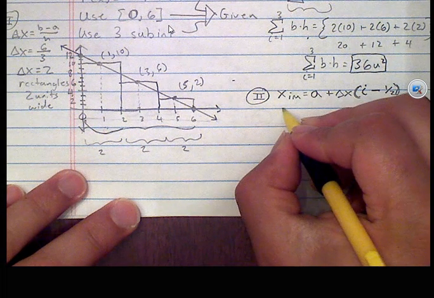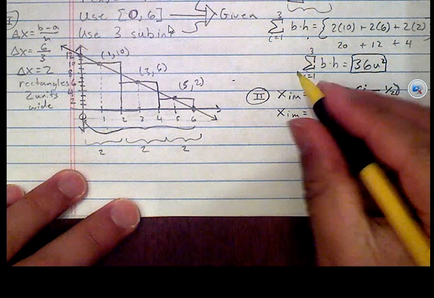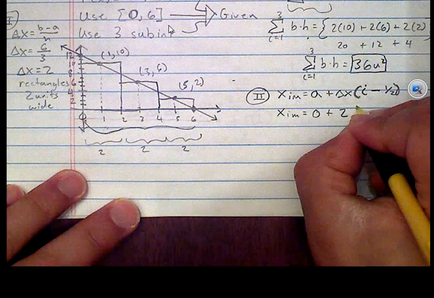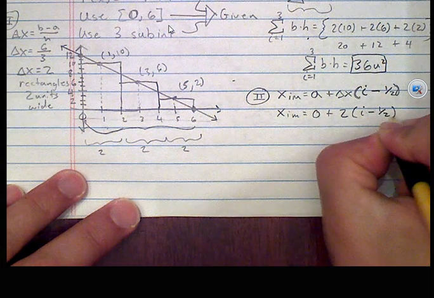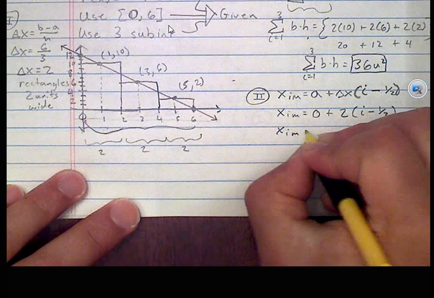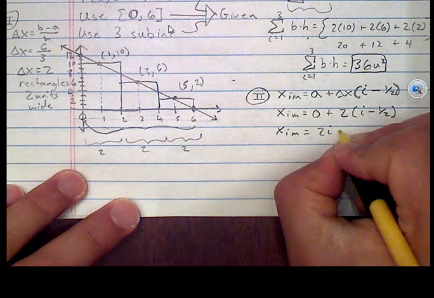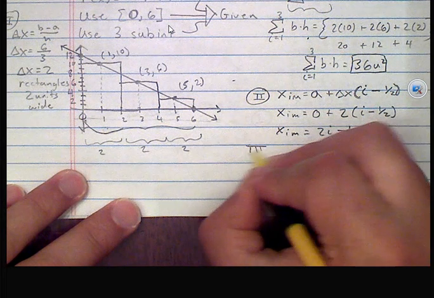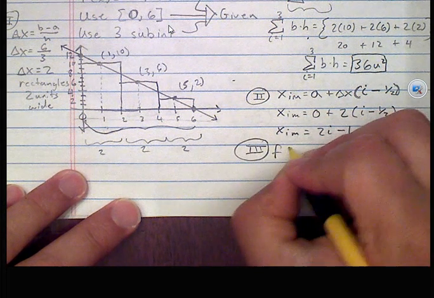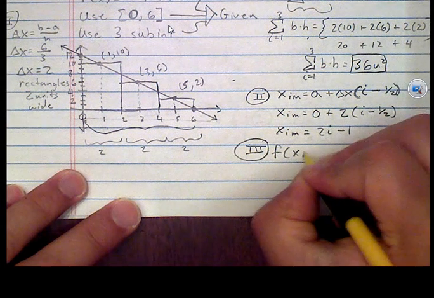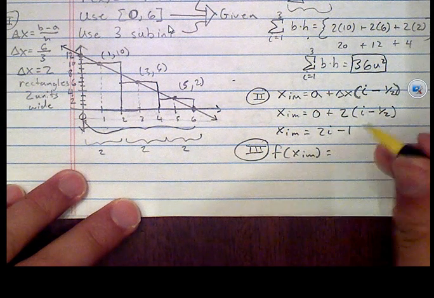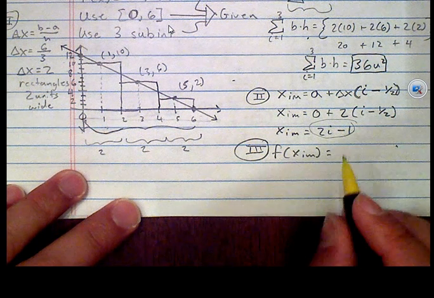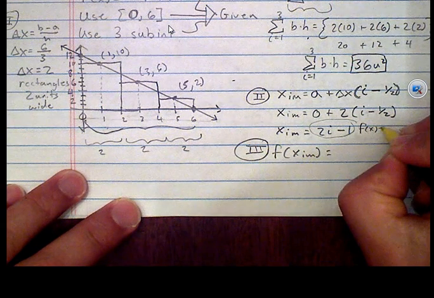So x of i m, we're going to fill in. A is 0 plus delta x is 2 times i minus 1/2. So x of i m equals 2i minus 1. Now we have to do the dreaded f of x of i m. You're going to learn not to like f of x of i. So that equals, now we've done this before, we're just taking 2i minus 1 and plugging in the original f of x. The original f of x was negative 2x plus 12.